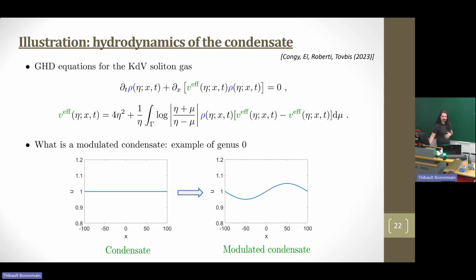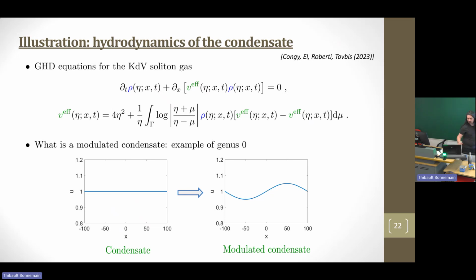To think about what should change here, we can look at the simple example of the genus zero condensate. As I told you earlier, the genus zero condensate was actually constant, meaning that the modulated condensate should just be a long wave. And as before, the value of the constant field associated with the genus zero condensate was just the square of the endpoint of the band.